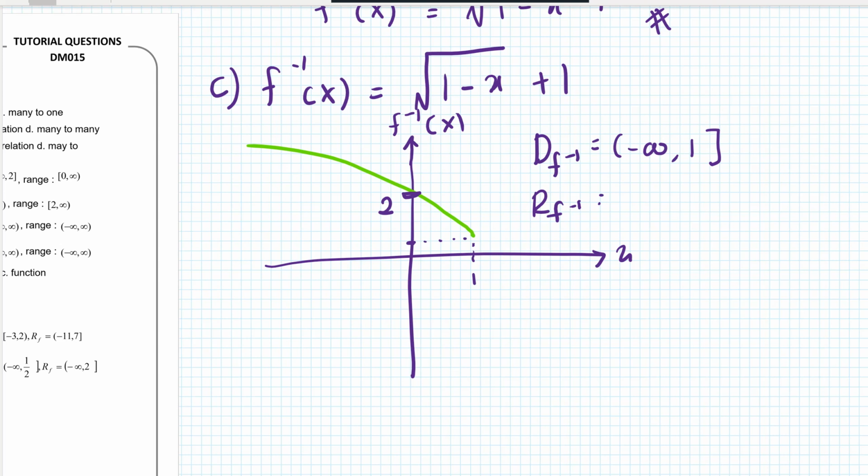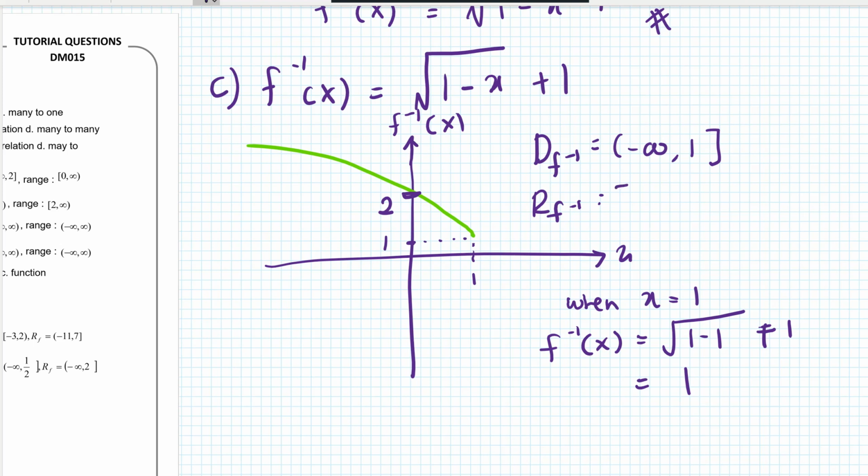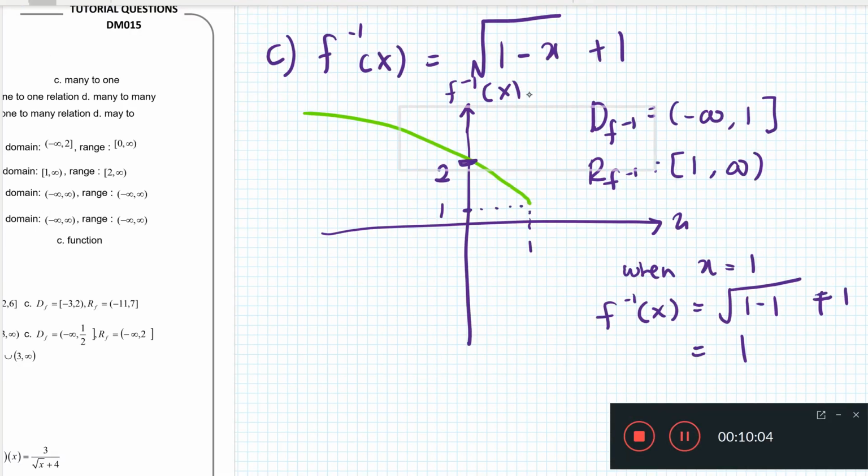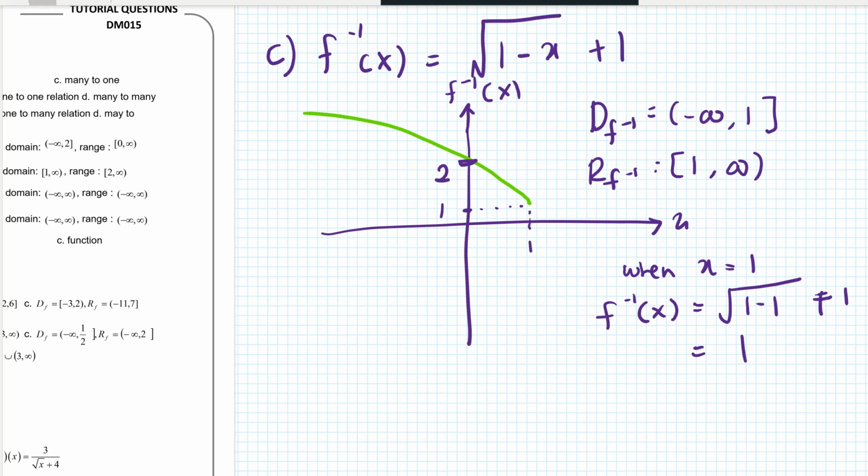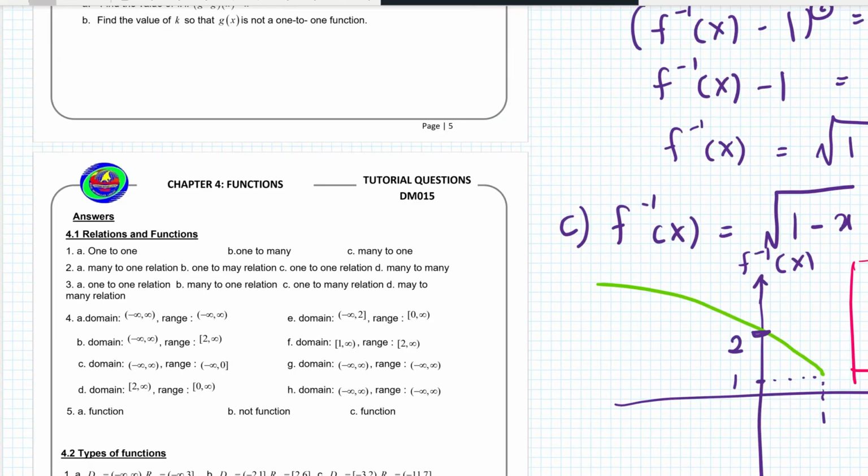So when x is equal to 1, your f inverse or your y is equal to 1 plus 0, which is equal to 1. So your range, from the bottom to the top, we start with 1 until infinity. So this is your domain and your range.